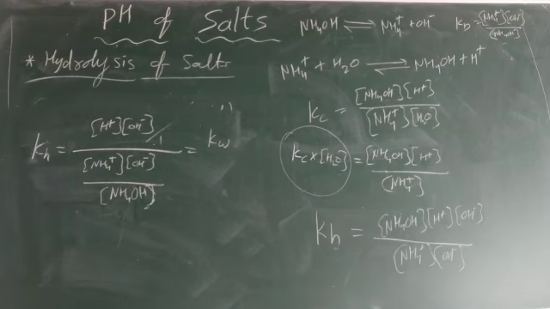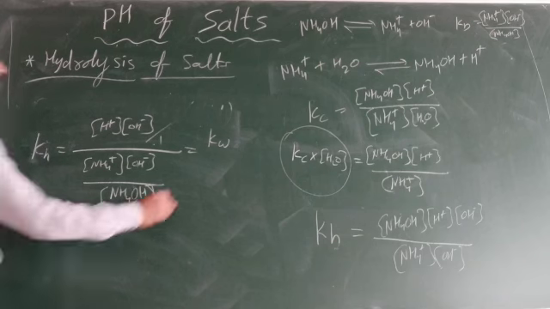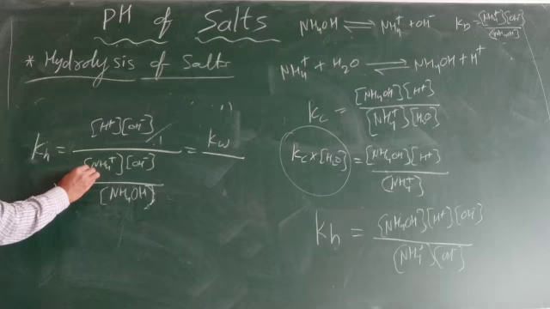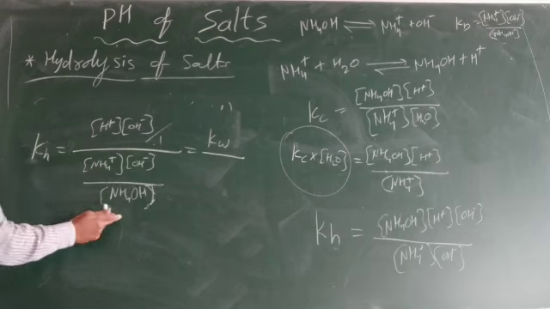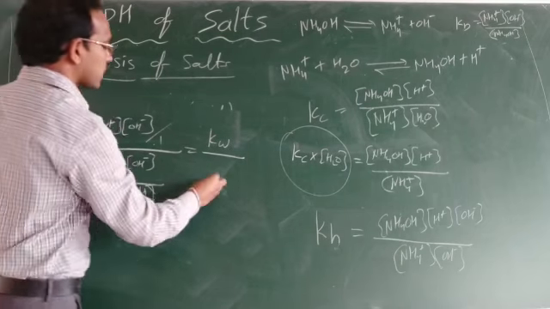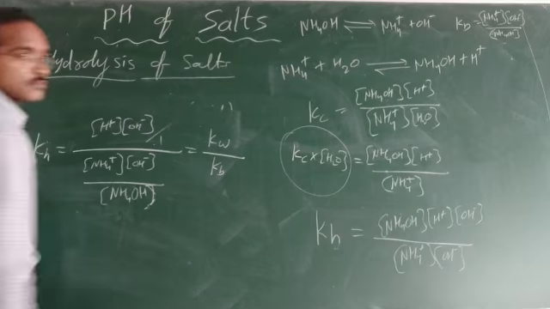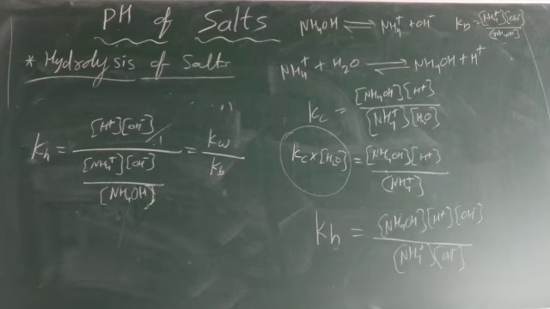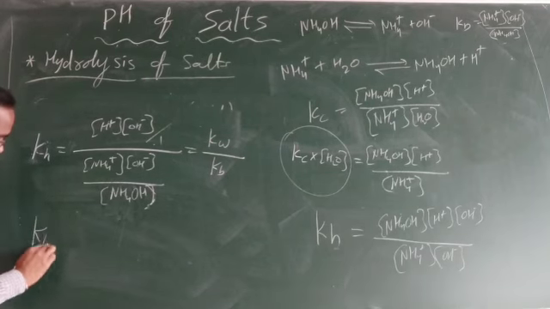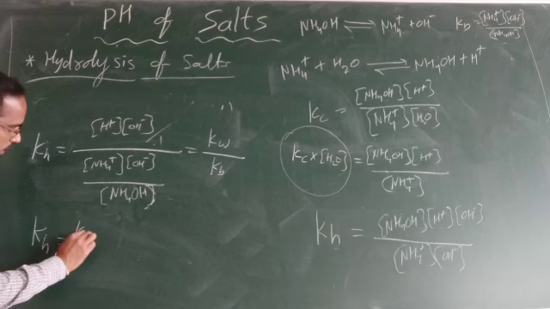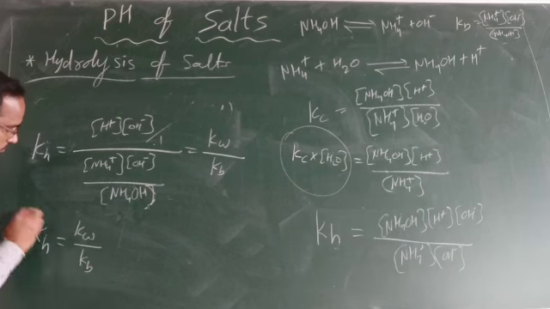Kw equal to H plus into OH minus, that equal 10 power minus 14. Right. Kw upon this NH4 plus OH minus upon NH4OH. That means I can write it as a Kb. So final conclusion तो ये हो गया KH equal to Kw by Kb.